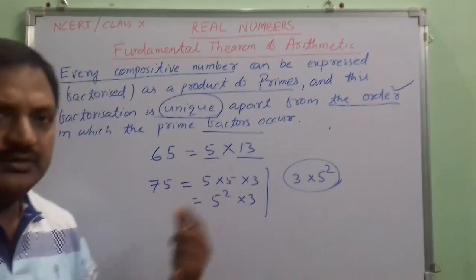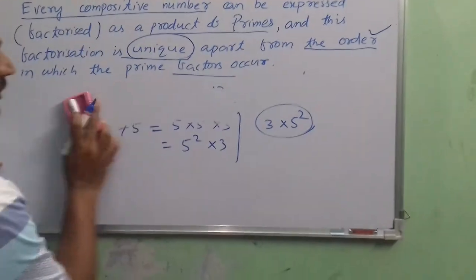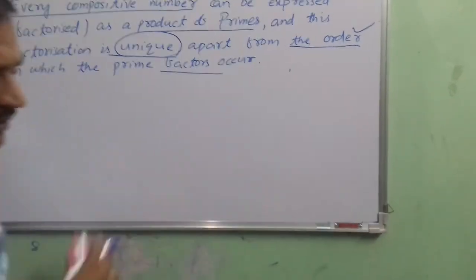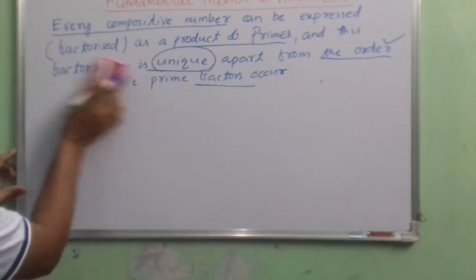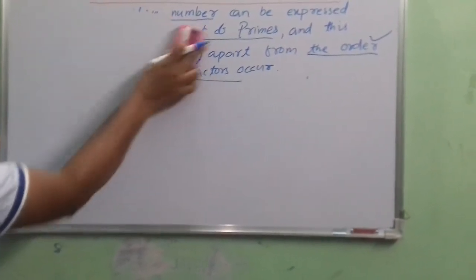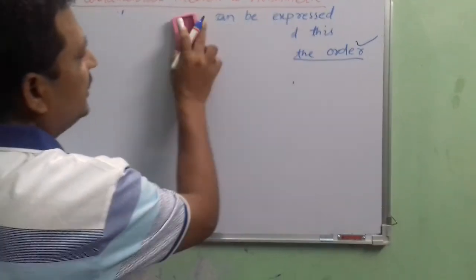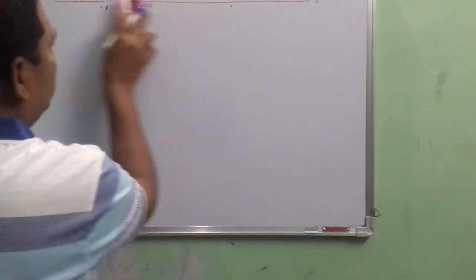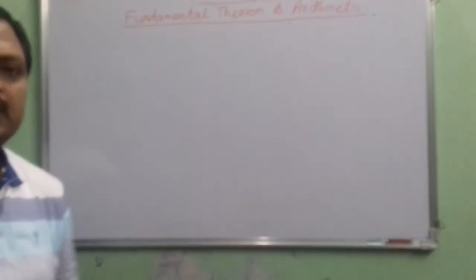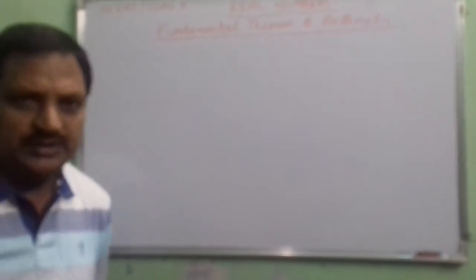Now let's move to one important formula here. You know how to find the HCF by Euclid's division lemma, and also you have learned how to find the HCF by the factorization method.